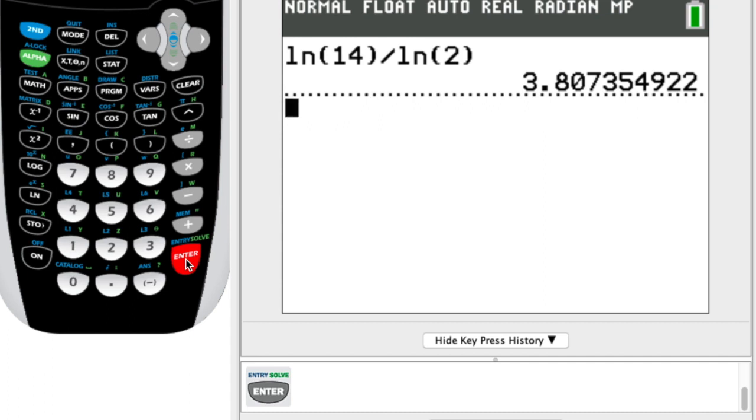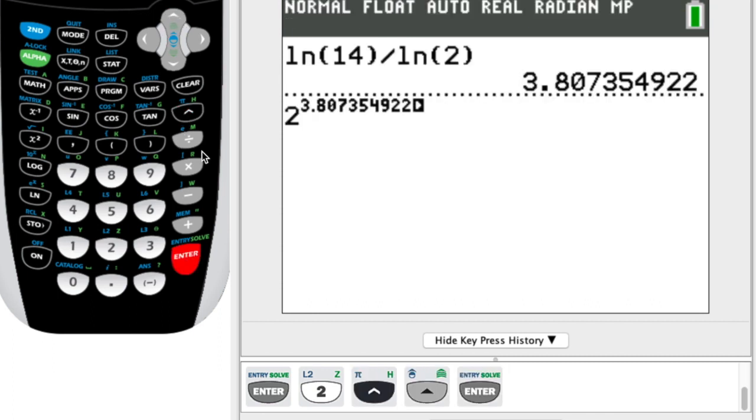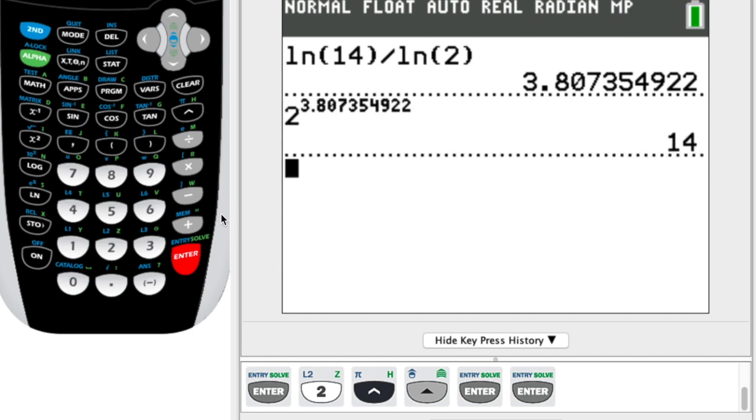Now, if I took 2 and I raised that to that exponent by hitting up arrow and hitting enter, I get 14. So that's a proof that the change of base formula works both in common logarithms and in natural logarithms.